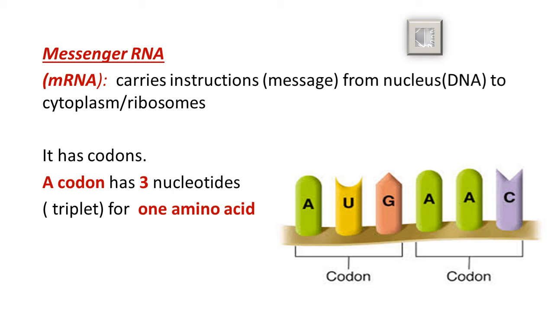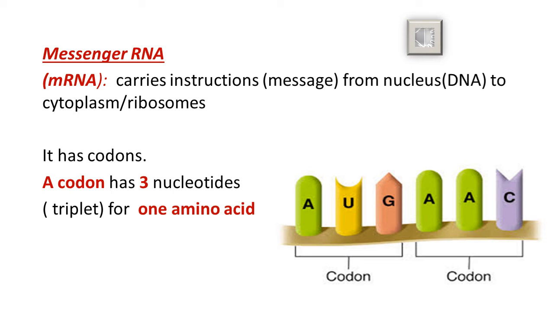That's why nucleotides here give amino acids. But not only one nucleotide gives one amino acid, no. Three nucleotides make a codon which gives one amino acid.